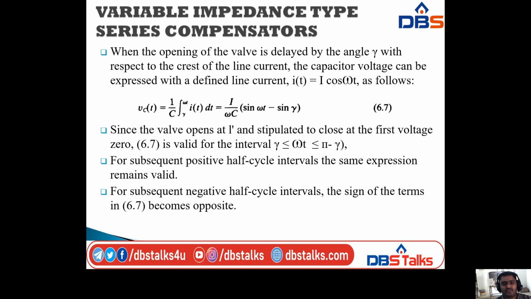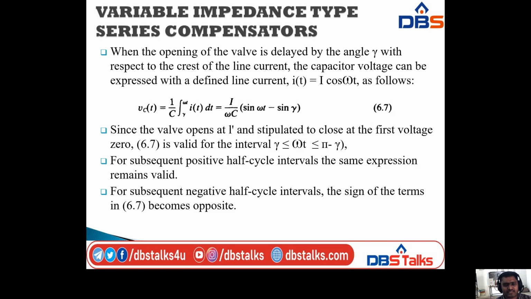Next, when the opening of the valve is delayed by the angle gamma with respect to the crest of the line current, the capacitor voltage can be expressed with a defined line current, that is I of t equal to I cos omega t, as follows.